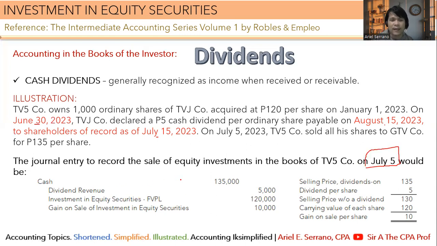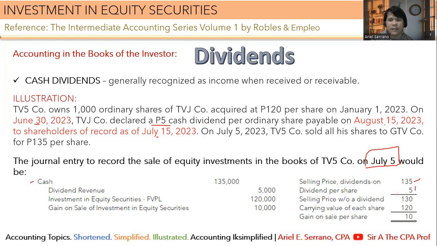Ang journal entry natin is a debit to cash for 135. Okay, dividend on selling price. And then, the dividend, since it's valued at 5 peso per share, tanggalin natin siya doon sa 135 peso.